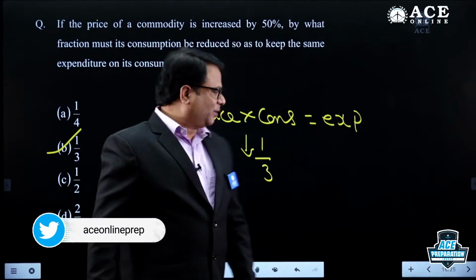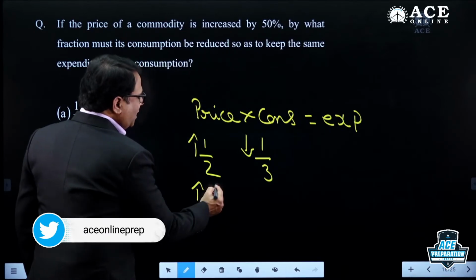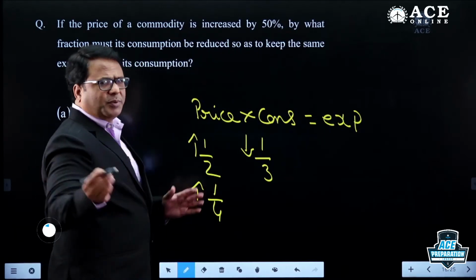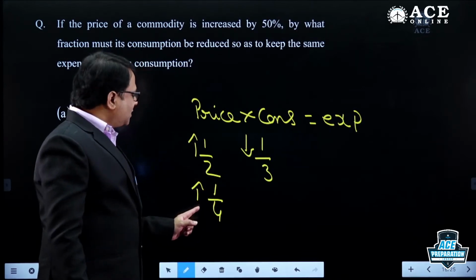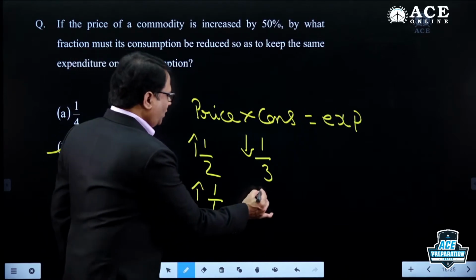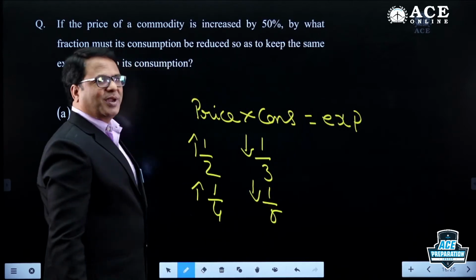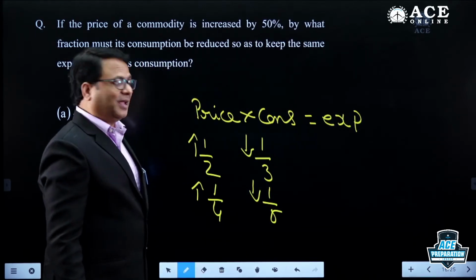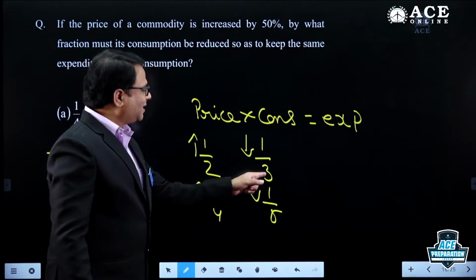Now I tell you one more. Suppose the price increases by 25%. 25% we know we can write as 1/4. So when price increases by 25%, then consumption should be decreased by 1/5. This 4 will be increased by 1, 4 plus 1 is 5. Here 2 plus 1 is 3.